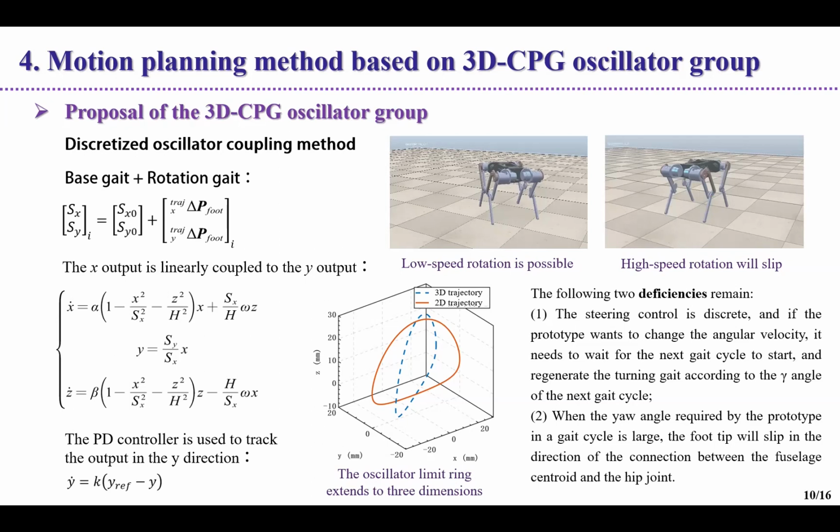The first is the discretized oscillator coupling method, which controls the foot displacement of the rotation according to the support phase time, and then linearly couples the y direction output to the x direction output of the semi-elliptical oscillator.